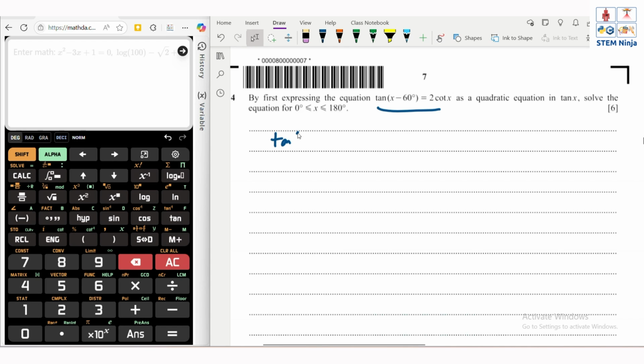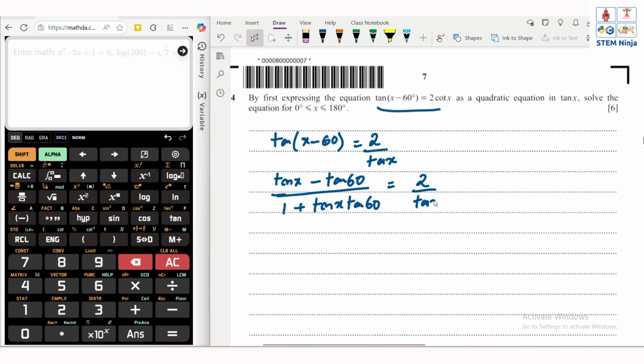So tan of (x minus 60) equals 2 over tan x. So tan of (x minus 60) becomes (tan x minus tan 60) divided by (1 plus tan x tan 60) equals 2 over tan x.